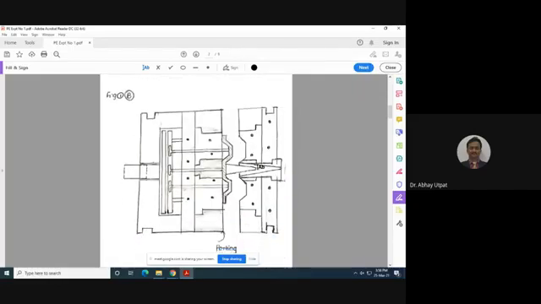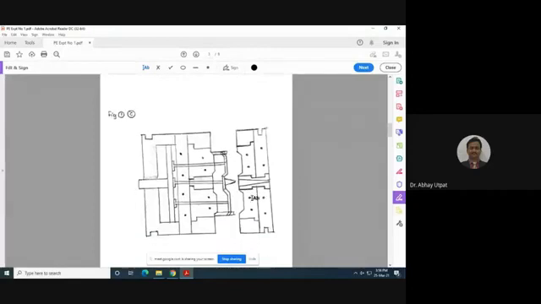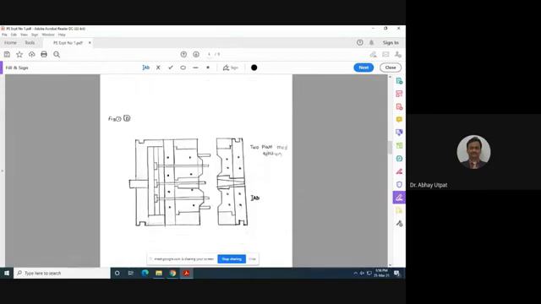Second figure, I hope you are taking the screenshots. Third figure. Fourth figure.